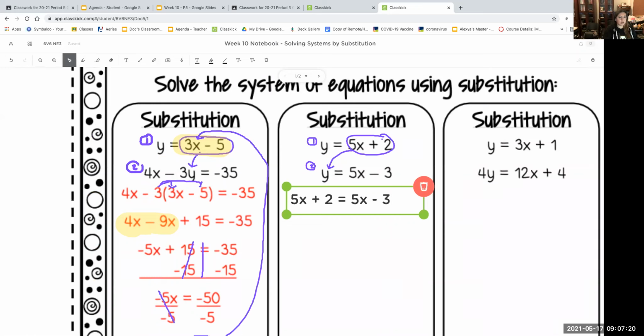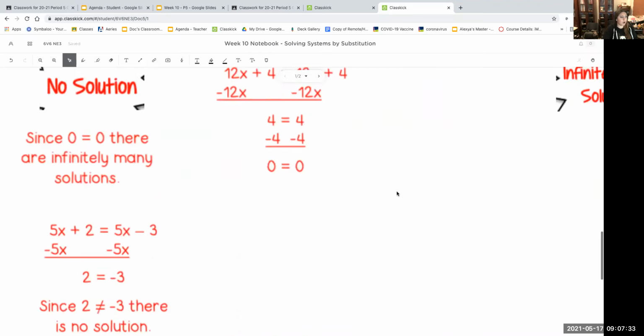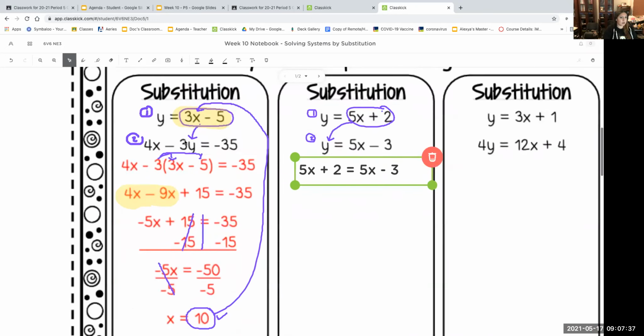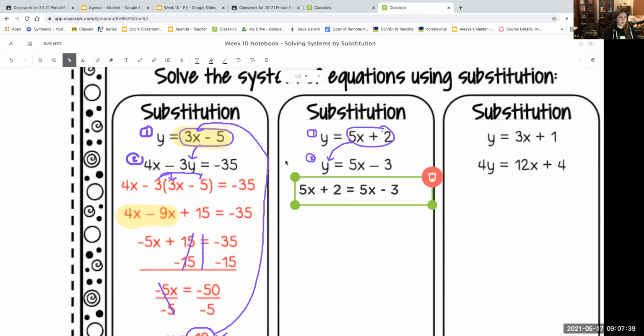So Alexis, we are doing our notebook and I'm putting that into chat. Click on that and this is the first page, so you haven't missed too much. I am typing it, but all the work is down here at the bottom and I will eventually move it up. We're just doing our notebook.